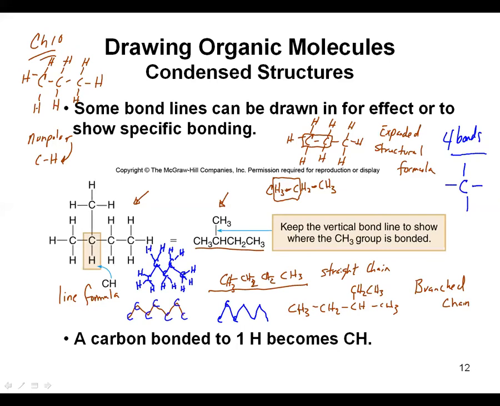And you can see very quickly why in line structure we typically do not include the hydrogens, because it gets really messy really quickly. And again, that's why line structure is usually drawn pretty much like what we see here. Nothing else there, but it's assumed that each of those is a carbon.